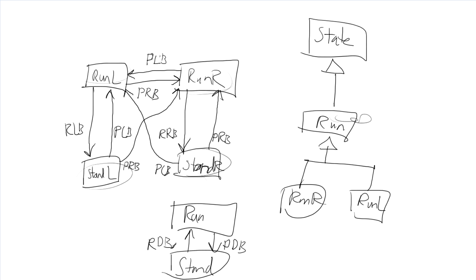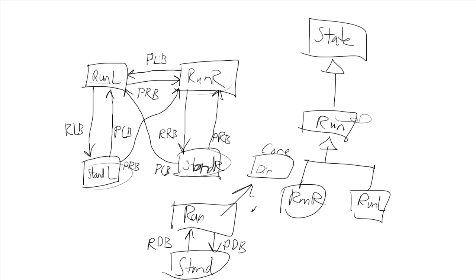And inside of these states, in fact, inside of every single state, I'm going to probably put it in the core. So we have the pointer to the core. And inside of here, among the other core variables like the position and the velocity, we're going to have the direction facing.